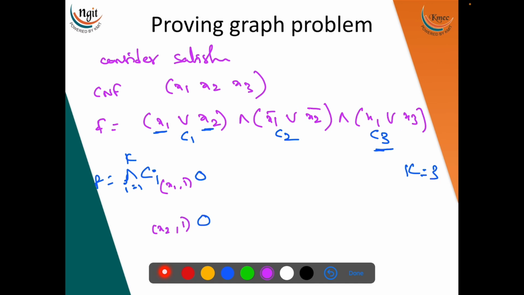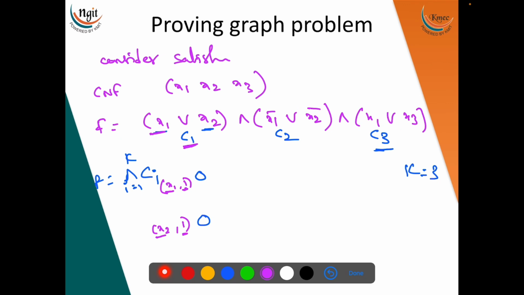I am writing the variable, and the clause from which I am taking it: C1, C2, C3. So this vertex is (x1, 1): x1 is the variable and 1 represents the clause number. And this one is (x2, 1).